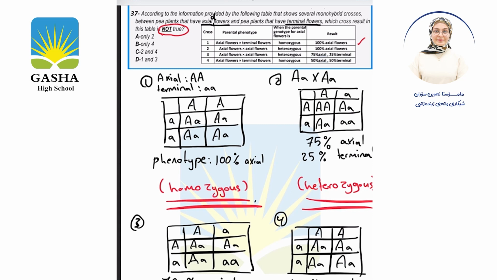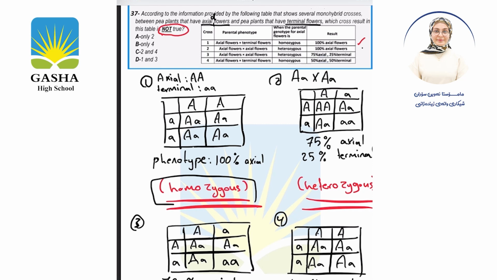If we look at the table and do their cross, at the first situation, axial flower and terminal flower crossed in homozygous. If we do it in homozygous, the phenotype 100% becomes axial. Yes, in the table the result wrote 100, so it's true. And then axial flower and axial flower, heterozygous, when they do it heterozygote, 75% is axial, 25% is terminal.